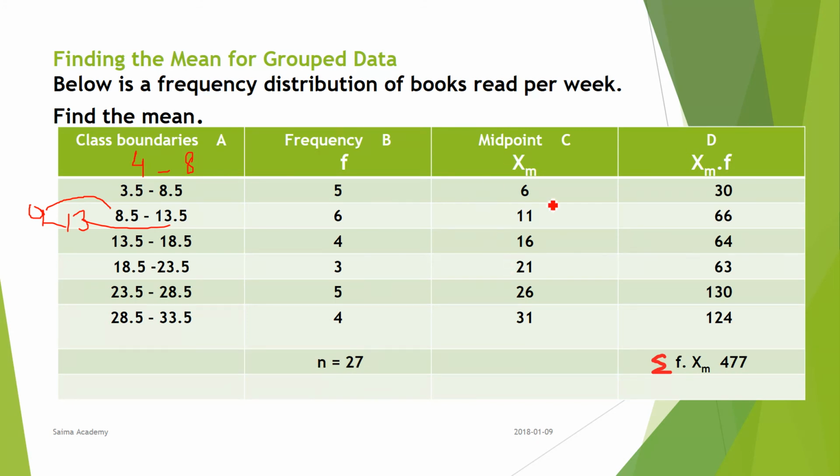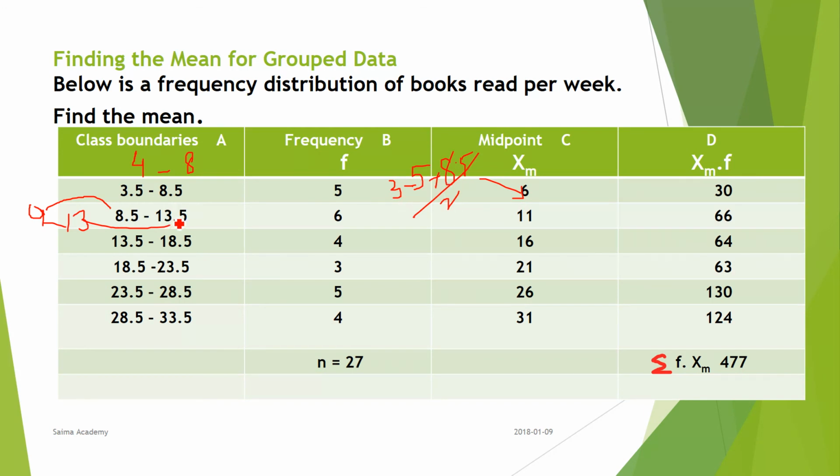Then in the third column, you have to make the midpoint, which is represented by xm, midpoint. So how will you make the midpoint? This 3.5, I will show you. First is, sorry, 3.5 plus 8.5 and then divided by 2. So you will get 6. 8.5 plus 13.5, how much? 9, 11, 12 by 2.